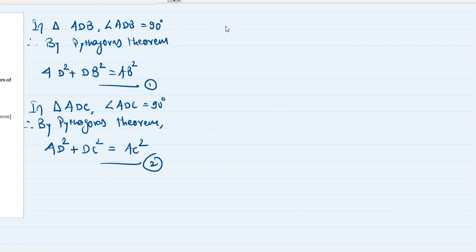So AD square is AB square minus DB square, and here AD square is AC square minus DC square. Okay, so we will equate these two statements.